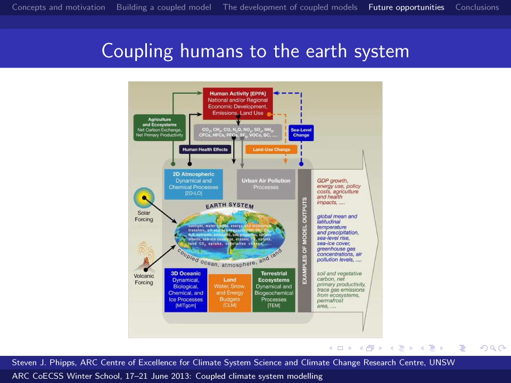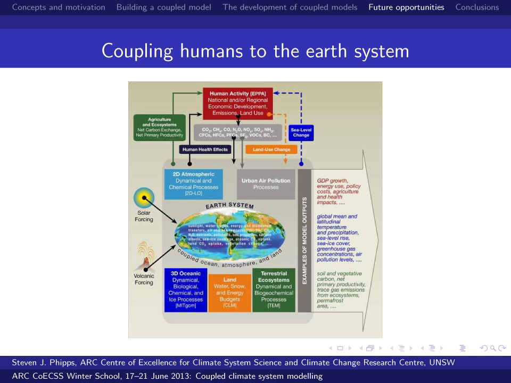And a model like this, if and when built, won't just give you all the things you're used to seeing from models like temperature, precipitation, sea level rise, and so on. If it actually works, and that's the if, it will be capable of simulating things like GDP growth, energy use, policy costs, health impacts, agriculture. And that's kind of the dream for modelling as far as many people are concerned.